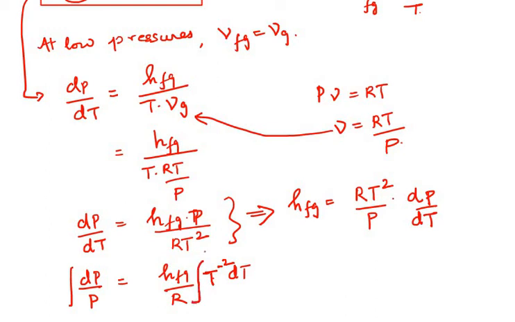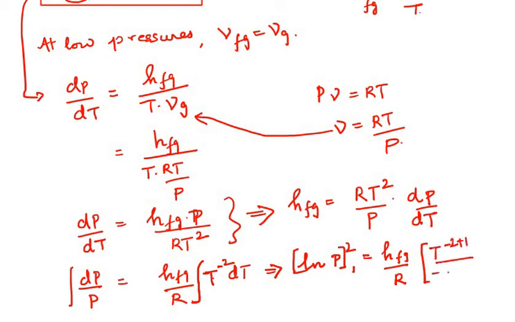This gives ln P with limits 1 to 2, equal to hfg/R times the integral of T to the power minus 2, which is T to the power minus 2 plus 1 divided by minus 2 plus 1, that is, T to the power minus 1 divided by minus 1, with limits 1 to 2.